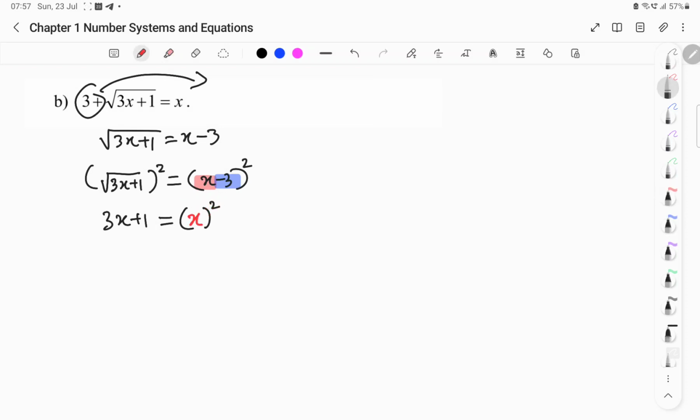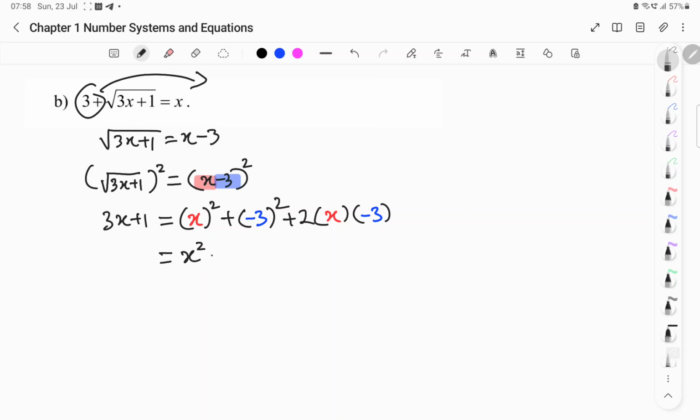What is the front? x. Plus, and then you square the back. The back one is minus 3. And then what else? Plus 2 times front and back. The front is x, the back is minus 3. So that is the shortcut for this kind of expansion. So we solve them.